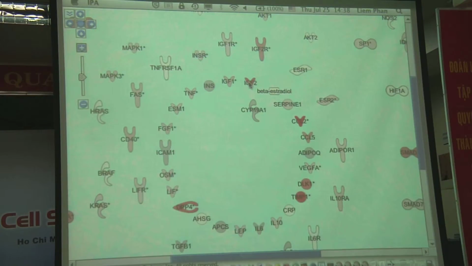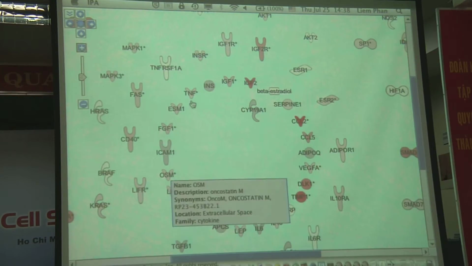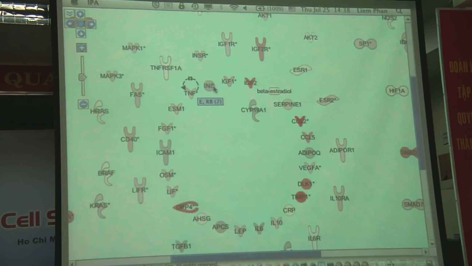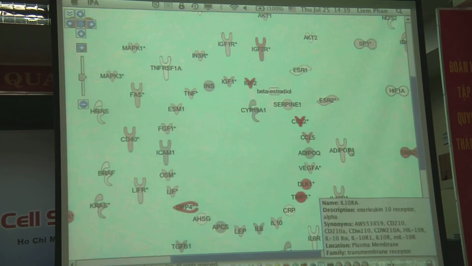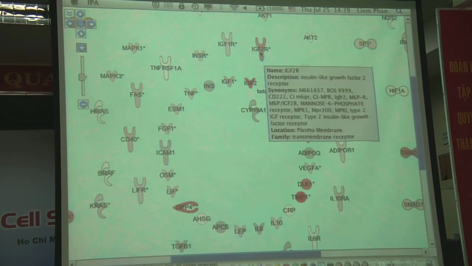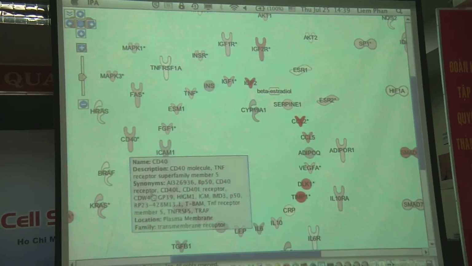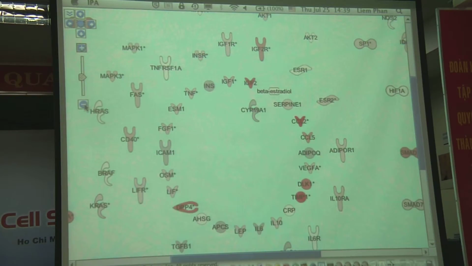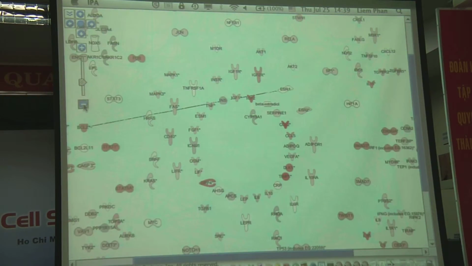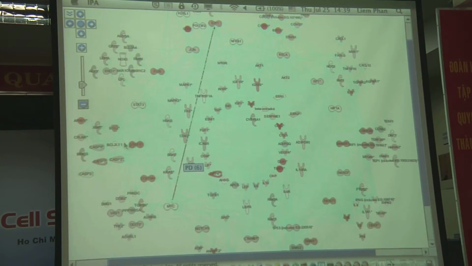And we found that when patients become obese, then they have a significant increase in the signaling of multiple important transcription factors and cytokines. For example, like estrogen receptor, androgen receptor, IGF, which is insulin-like growth factor receptor, CD40, etc. And all of these receptors will transfer the signal to the other downstream genes.